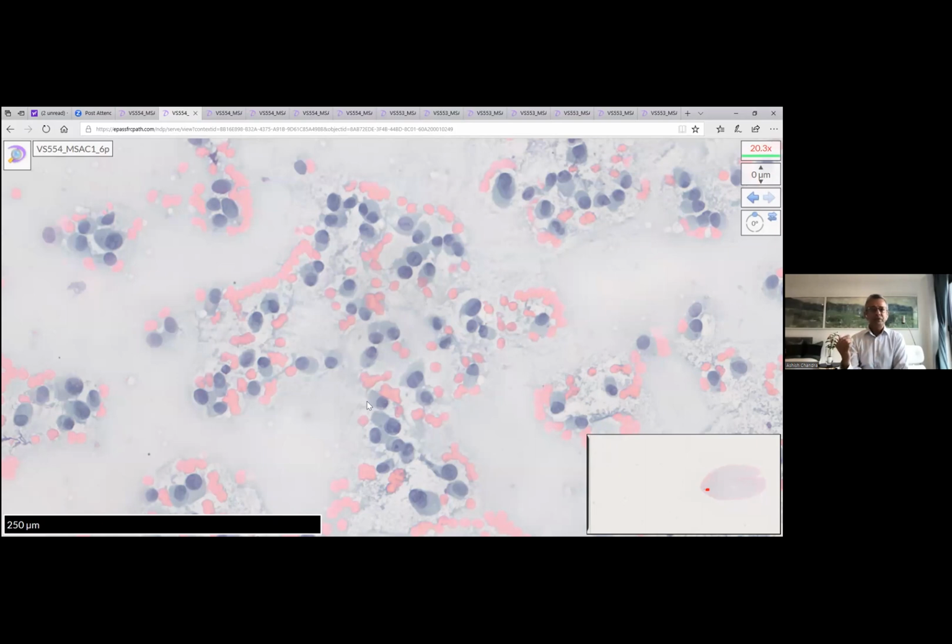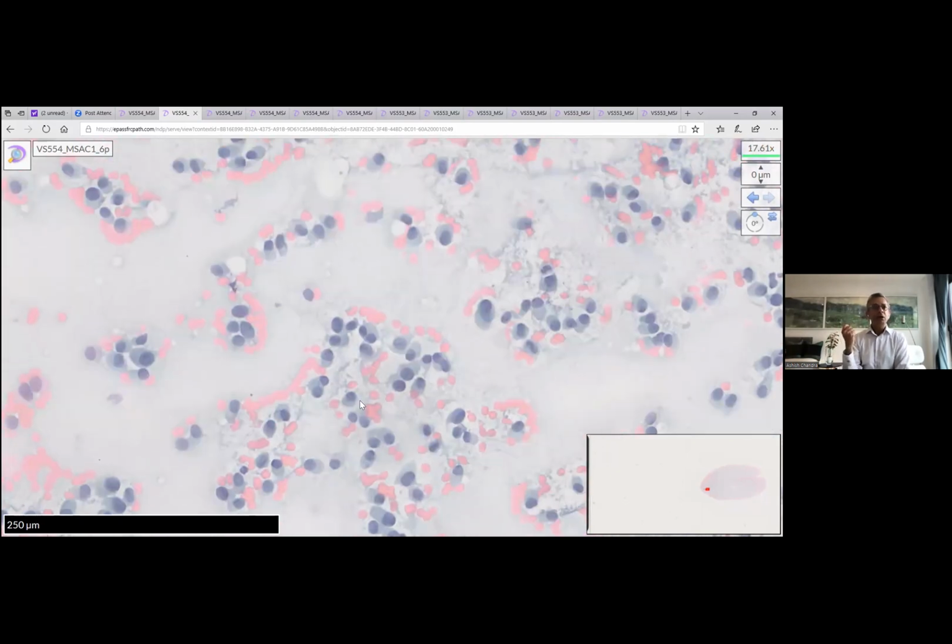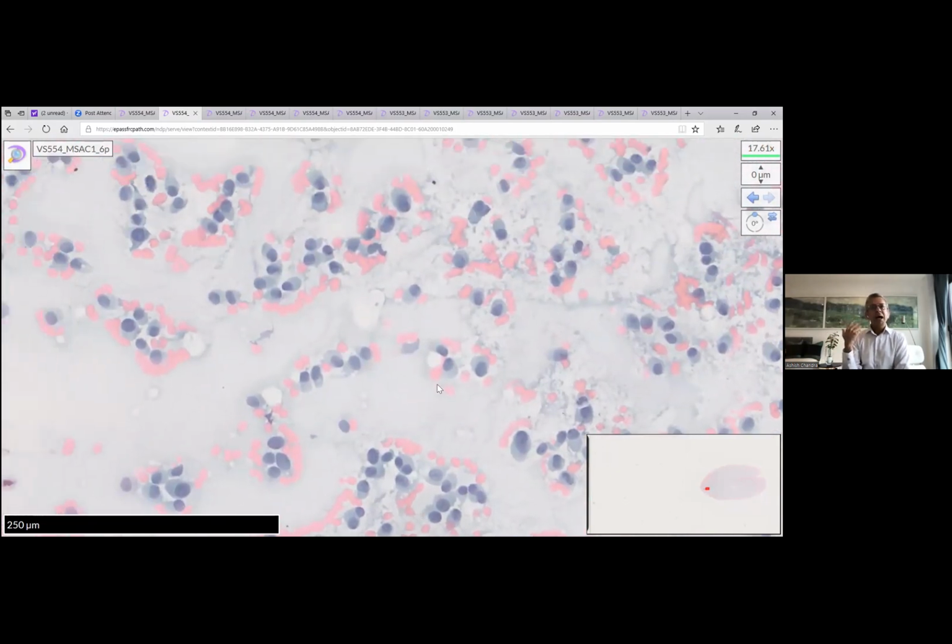There may be some suggestion of spindling of the cytoplasm. This is what melanoma usually looks like. And of course, look for the pigment, look for the intranuclear inclusions.